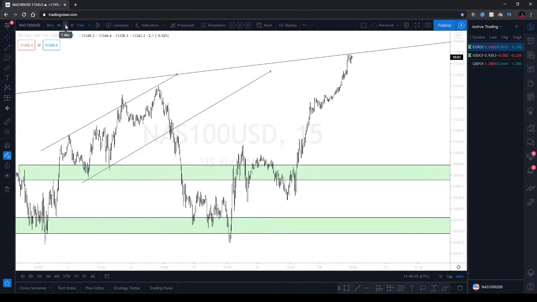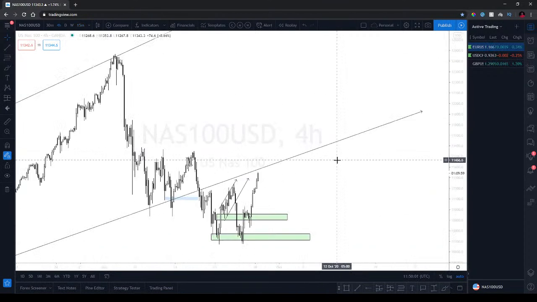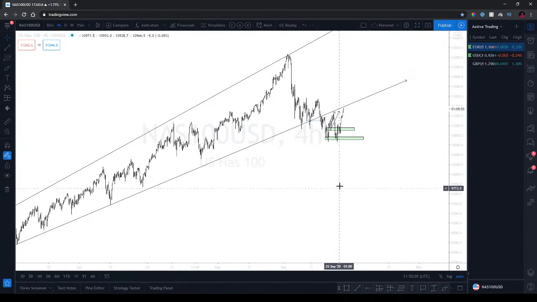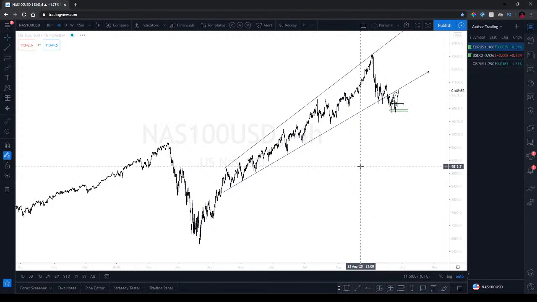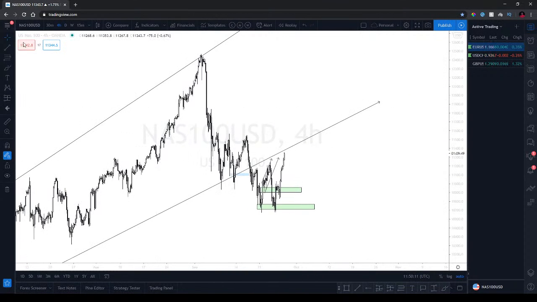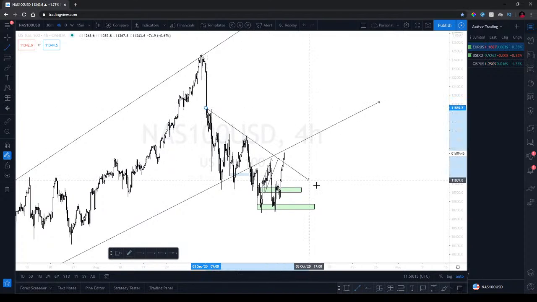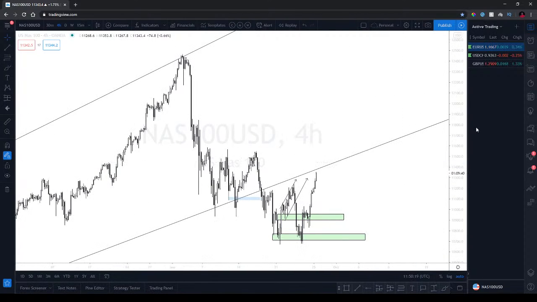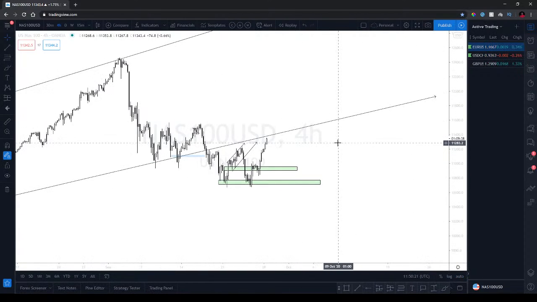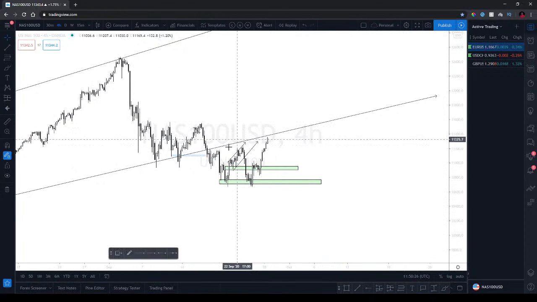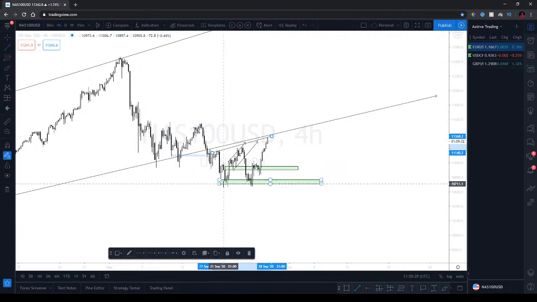So let's go back up to the 4 hour. It's retesting it pretty aggressively. Yeah, at this point, this is what I would do in this situation.